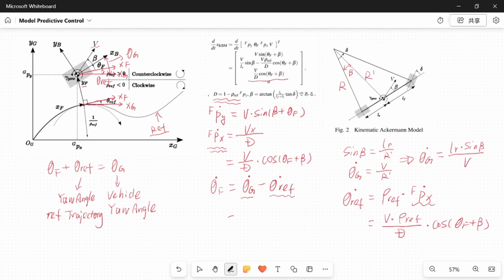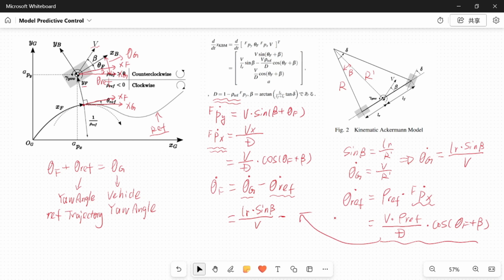So this equation goes to LR times sine beta over V minus this equation. So the theta F dot is the same as the equation in the paper.